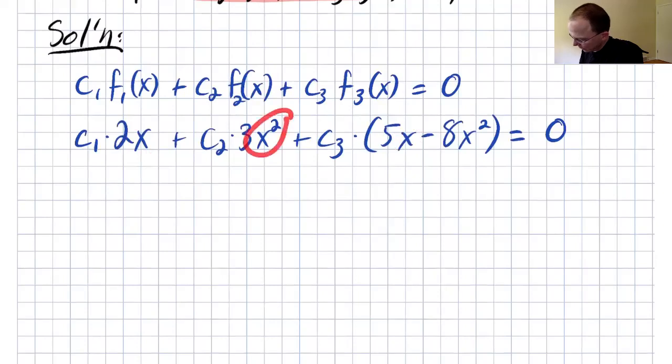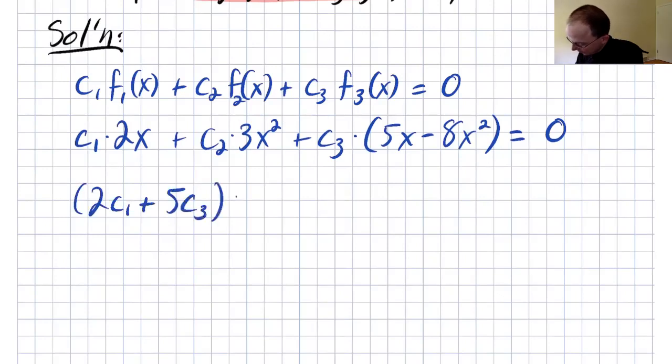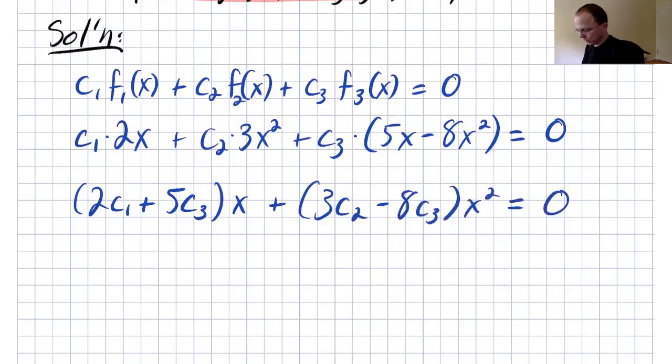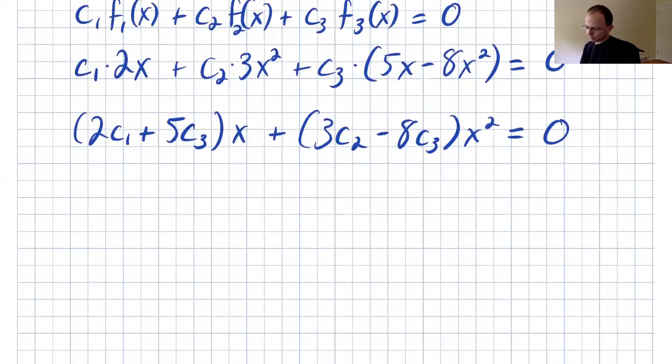And then there are x squared terms here, so I'll combine those together as well. So for the x terms, we have 2c1 plus 5c3 times x. And then we have 3c2 minus 8c3 times x squared, and that is equal to 0 for all x.